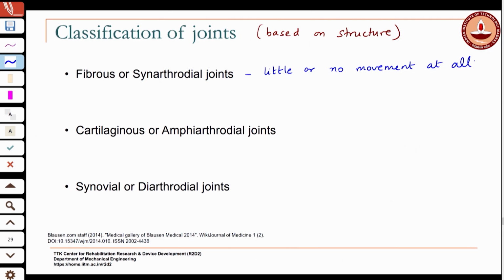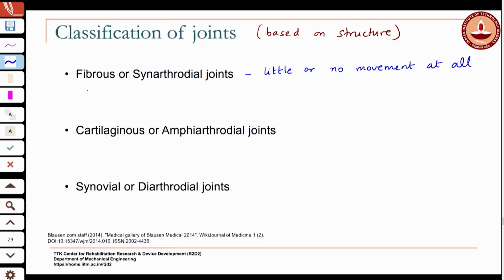Joints which do not allow any movement or very little movement are called fibrous or synarthrodial joints, and examples of those are the joint between the tibia and the fibula.